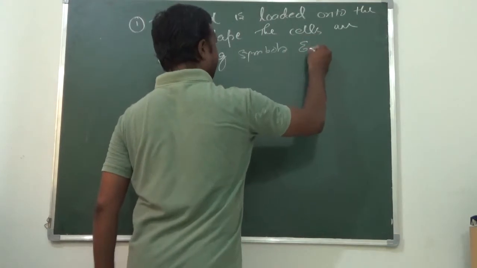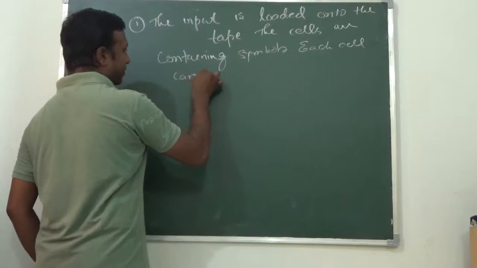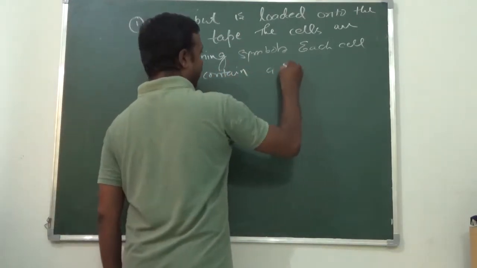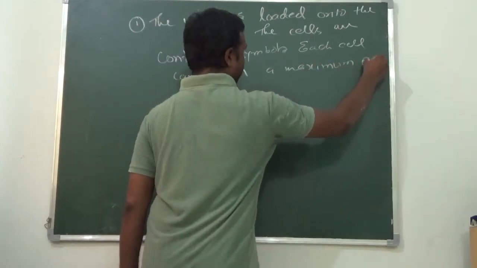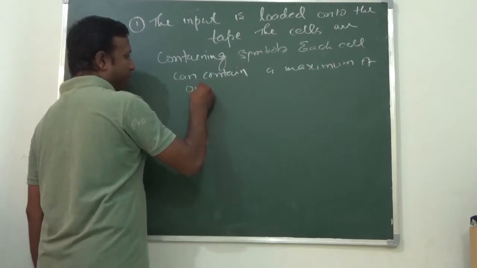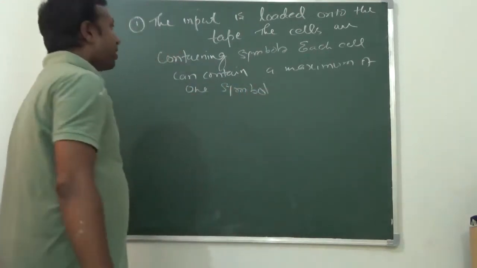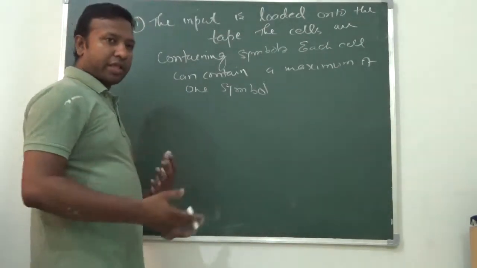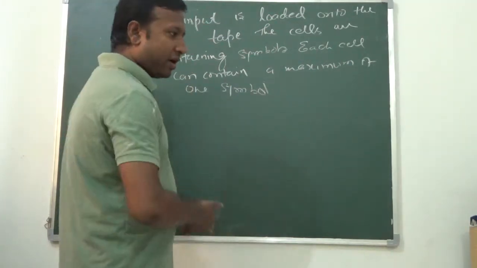Each cell can contain a maximum of one symbol. Okay, so the first step is whatever input we want to process, that input will be stored or loaded onto the tape.